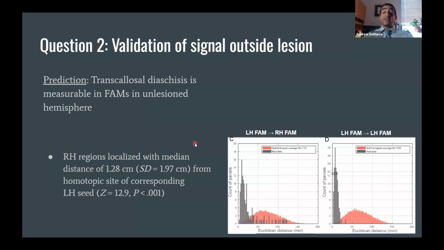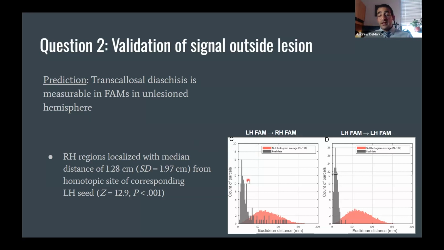And we predicted that if that was not noise in the right hemisphere, we should be able to localize better than chance the spatial location of each of those parcels that we simulated from the left hemisphere data, which will contain the more direct consequences of the anatomical damage. And when we do that, it looks like the previous slide, lo and behold, we are able to localize those parcels with a surprising amount of precision.